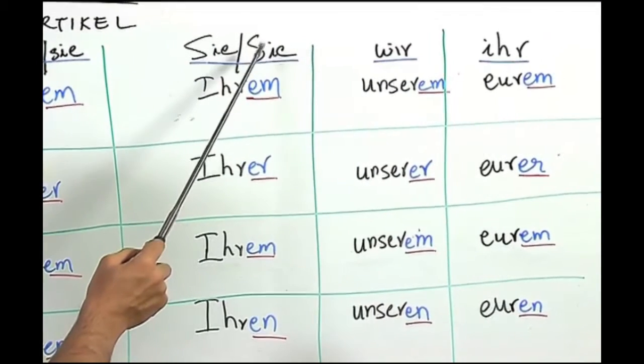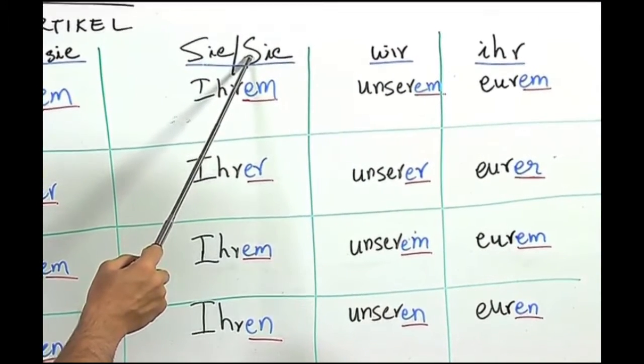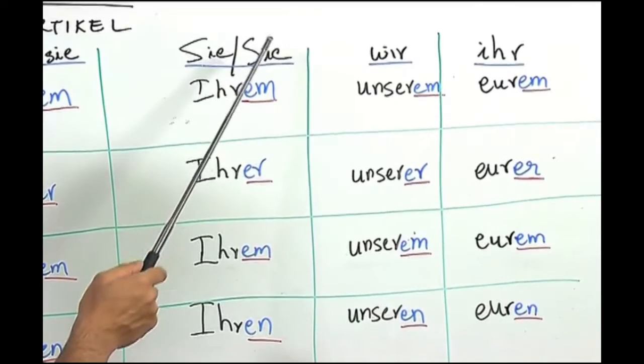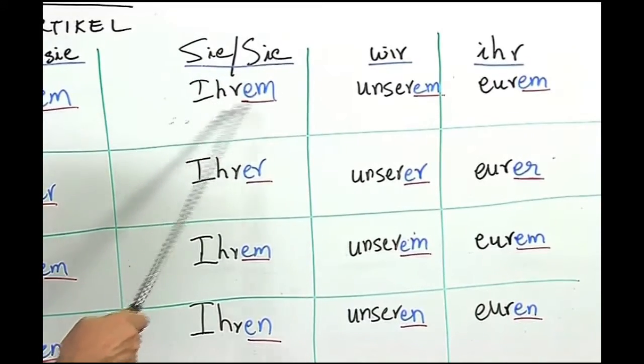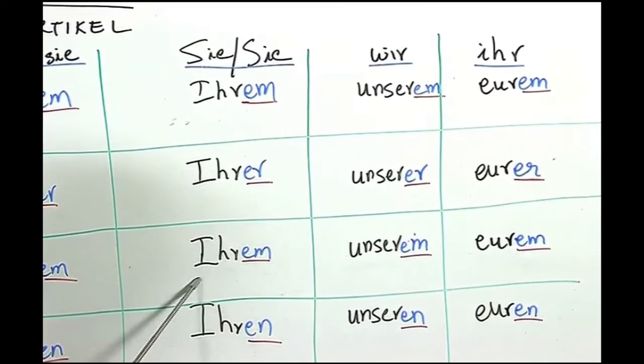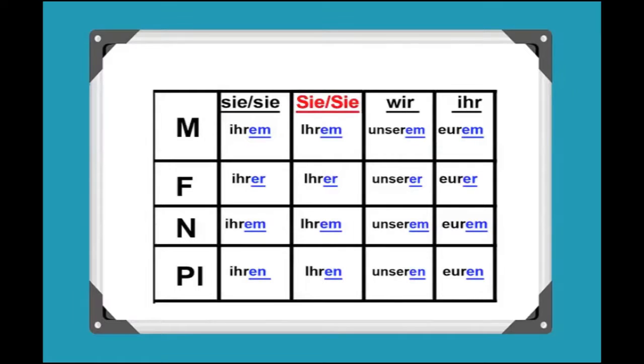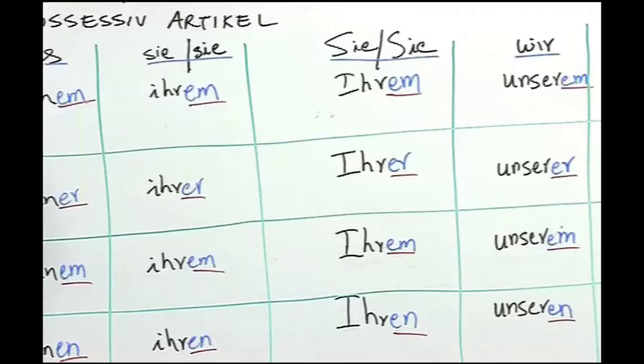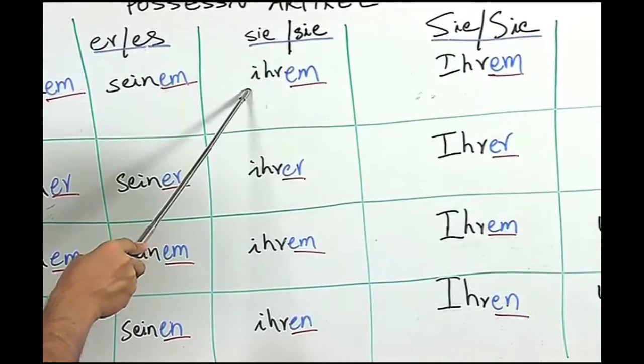And for the Sie here, which is the second person singular, and the Sie here, which is second person plural, we have Ihrem, Ihrer, Ihrem, Ihren. Also at this place I would like to remind you again that the size of I is dependent on the size of S. If s is small, i is small.